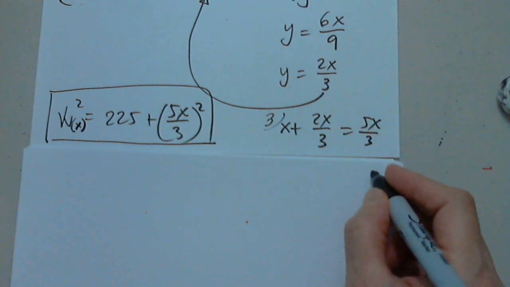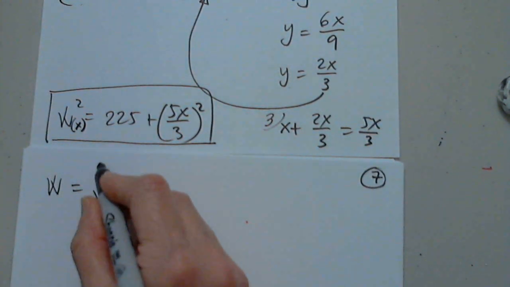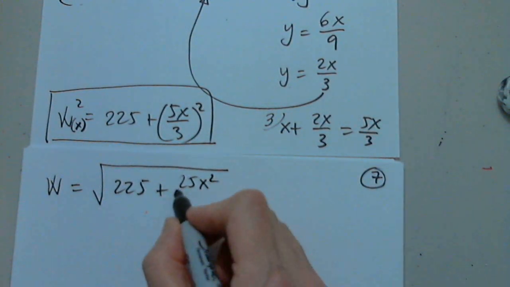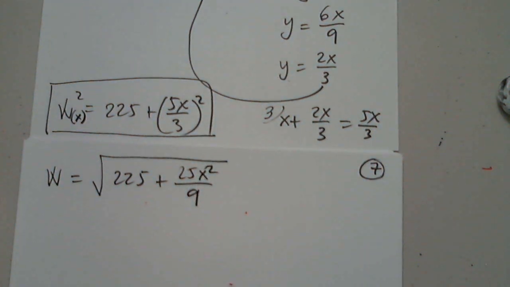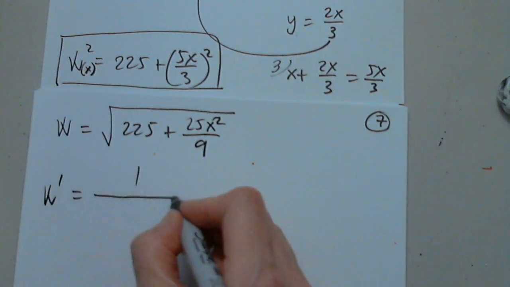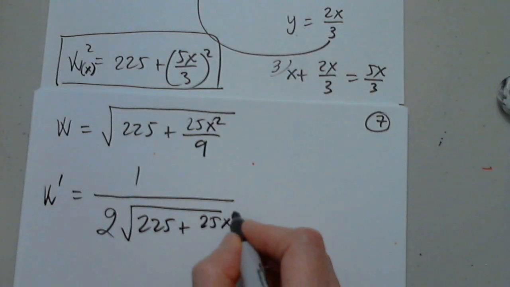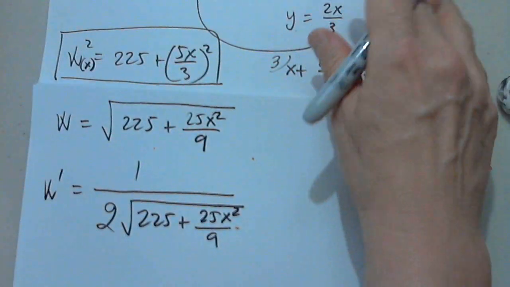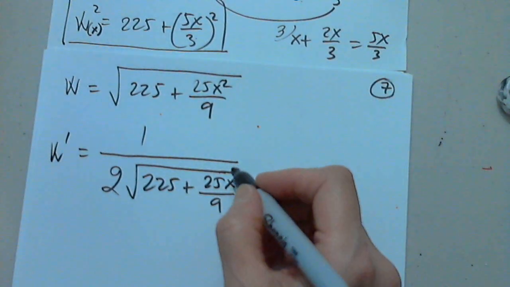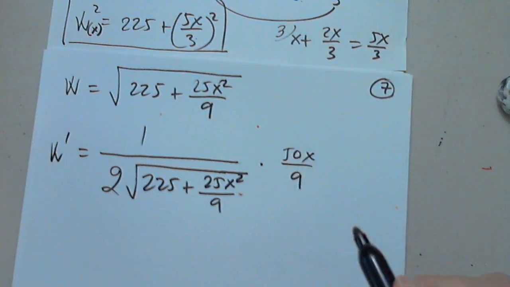Stop me if you have questions, please. So W equals the square root of 225 plus 25x squared over 9. So then y prime will be 1 over 2, the square root of 225 plus 25x squared over 9, times the inner function prime, which is 50x over 9.